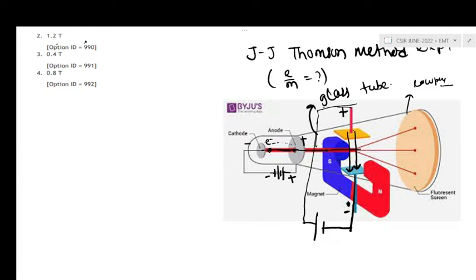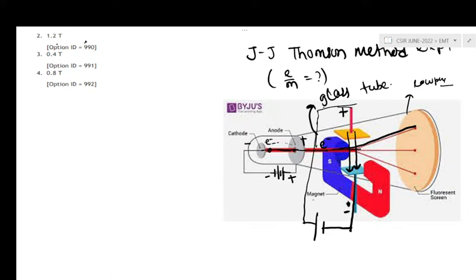When an electron goes like this, it must deflect by this electric field, and the deflection direction will be towards the positive plate. It goes to the screen, and that screen is a fluorescent screen.